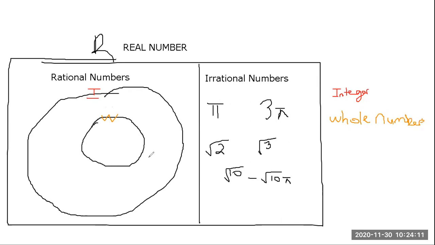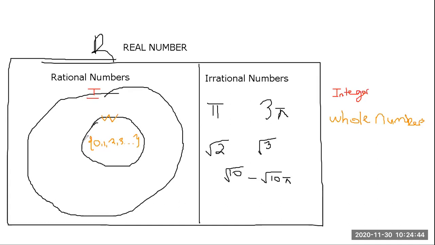Okay, whole numbers are all the numbers from 0 up. So all the positive numbers. So whole numbers are 0, 1, 2, 3, and so forth. It has nothing to do with the negative numbers, and it's all the whole positive numbers, including 0.